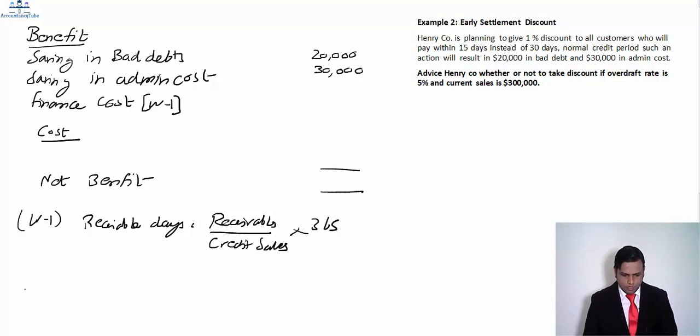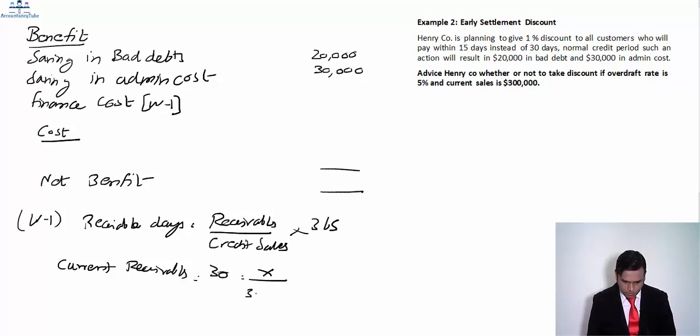We have already learned this formula when we were computing the ratios. Now we need to compute that. Current receivables: we don't know the receivables figure. That's what we are after.